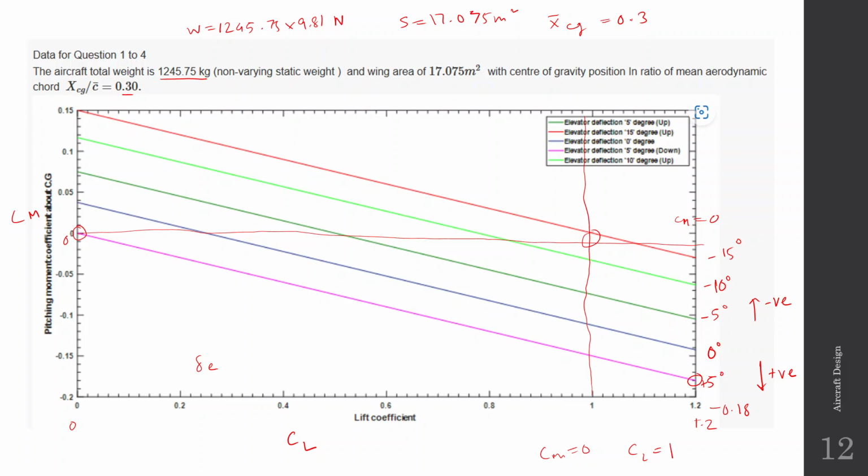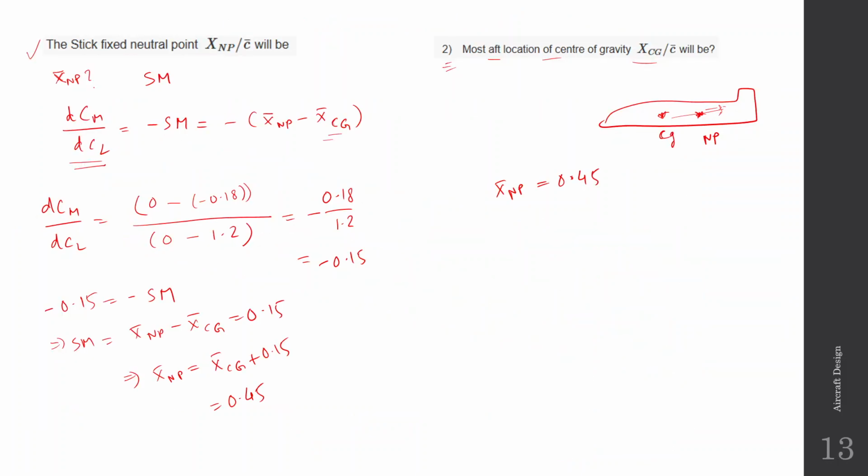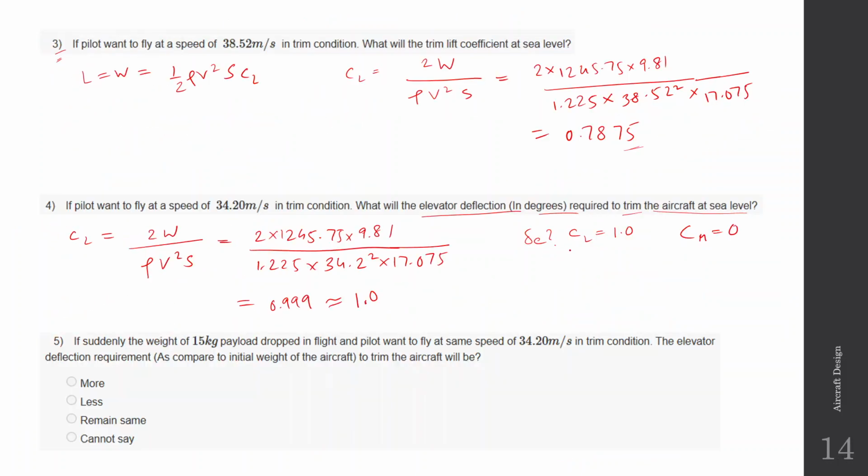Now my drawing is not perfect, but it should intersect at this 15-degree line. So the intersection point should be on this line. Okay, so from the graph we can see that delta E is 15-degree up.